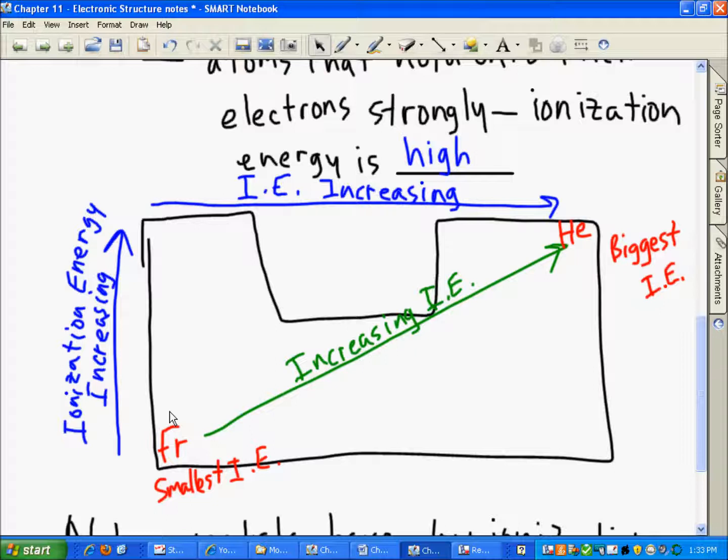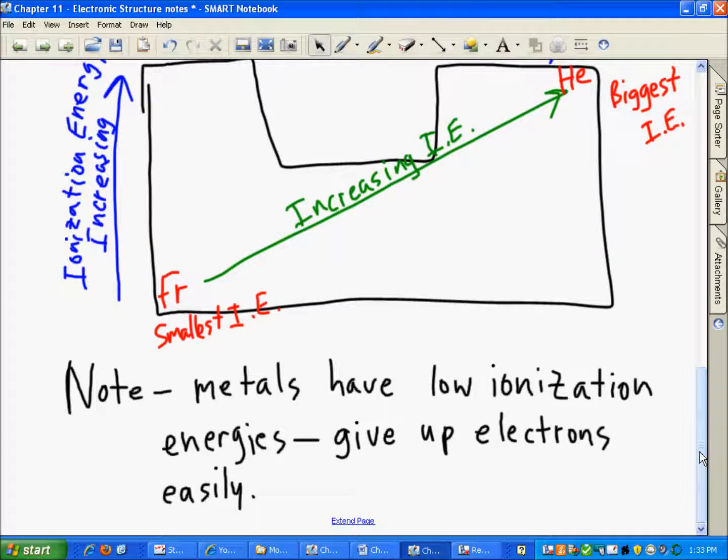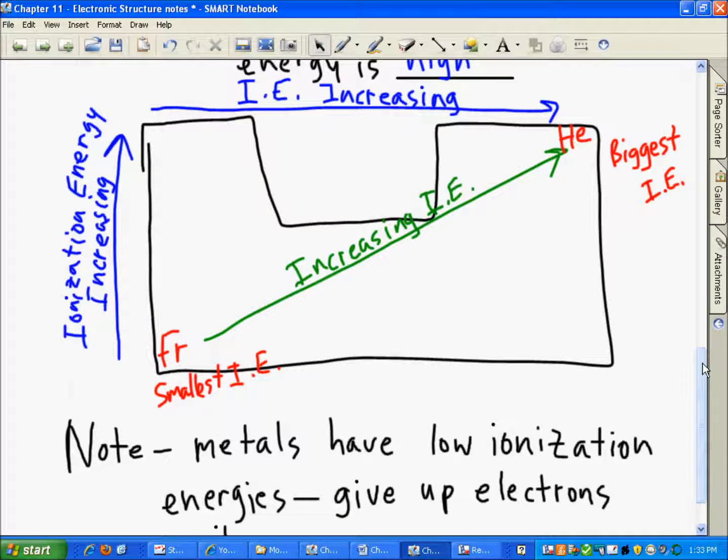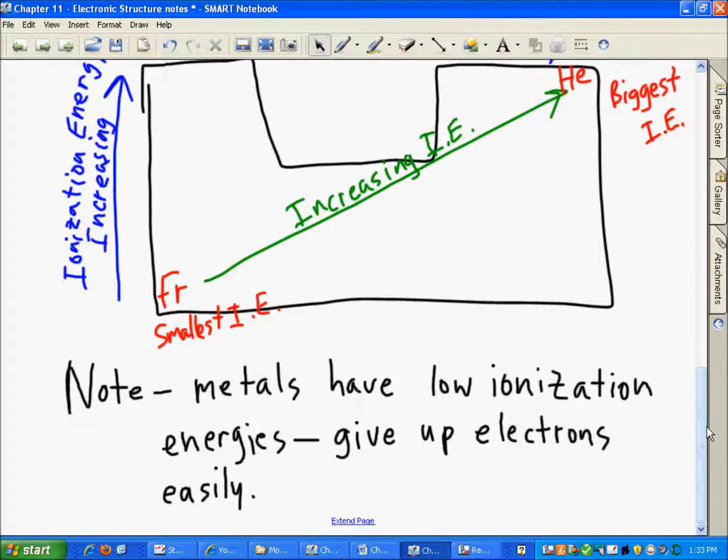So they all have similar properties, but not exactly the same, and the reason is their atomic size and their ionization energy. Note that metals are on the left side of the periodic table, so left and below. And metals tend to have low ionization energies, and nonmetals tend to have high ionization energies.